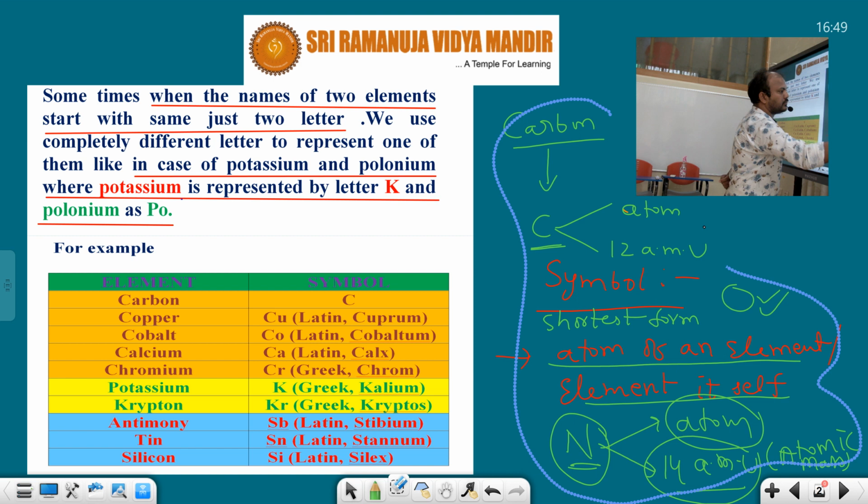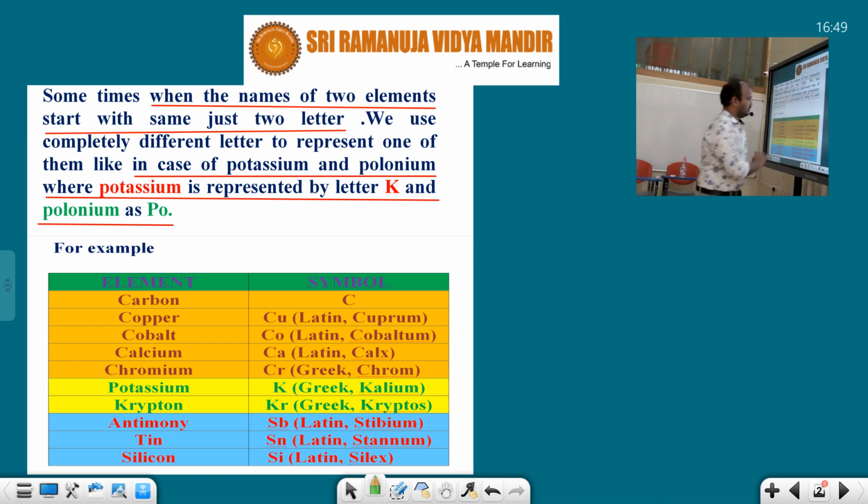According to the scientist Berzelius, he has given the names of symbols. For suppose if you take carbon, the first letter is C. So the first letter of the name of the element is considered as the symbol, carbon.